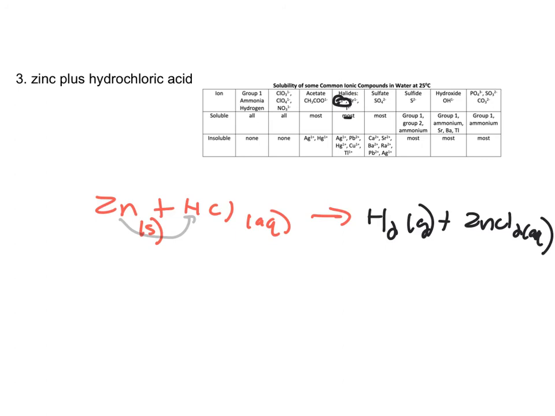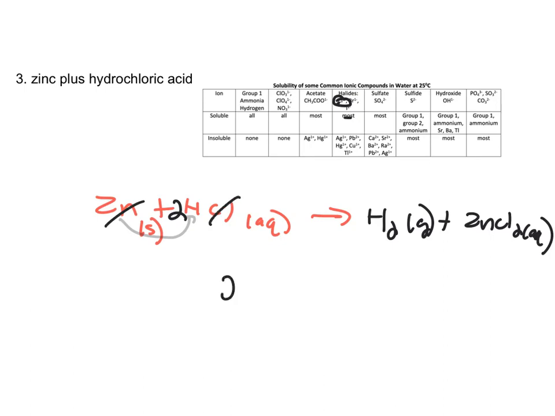So in the next step then, I'm going to cross out anything on the reactant side. Oh, wait a minute, we better balance this first. H2, yep, that's balanced. I'm going to cross out the zinc and the chloride because they went into aqueous solution.